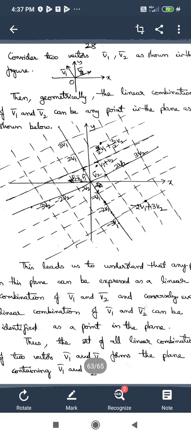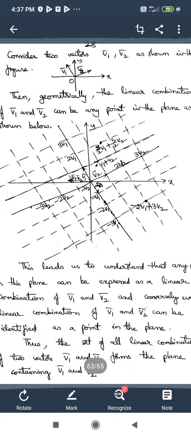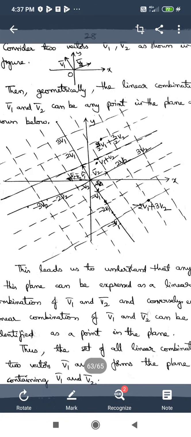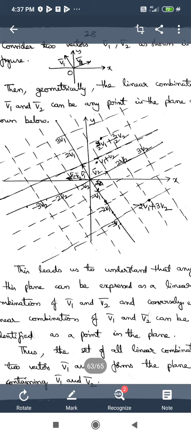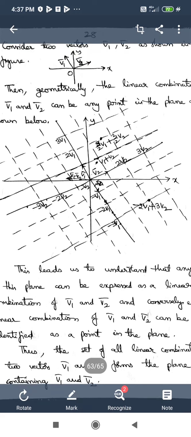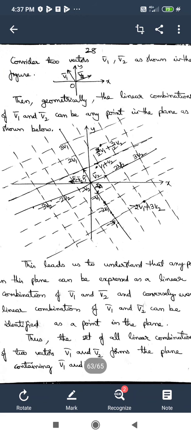See the smaller figure: on the positive x-axis side, in the first quadrant, I have taken the vector v2 bar, and on the negative side of the x-axis, in the second quadrant, I have taken the vector v1 bar. And let us see what different linear combinations can be obtained using these two vectors v1 bar and v2 bar.